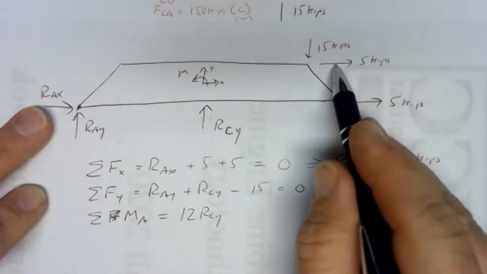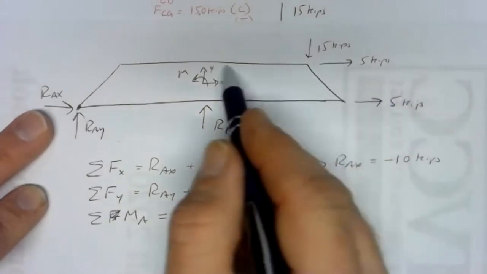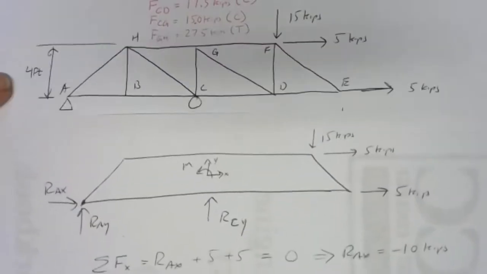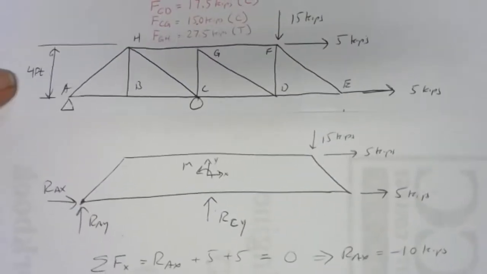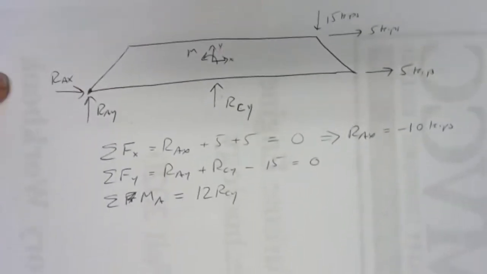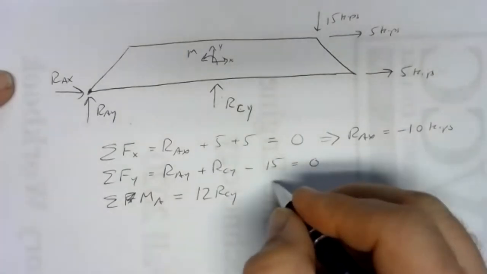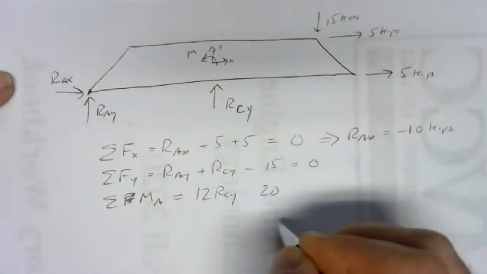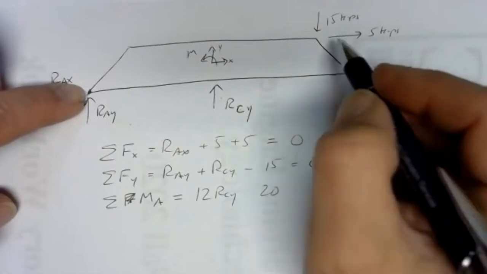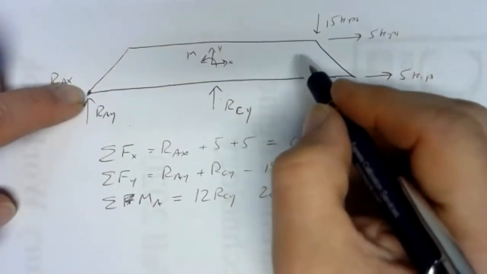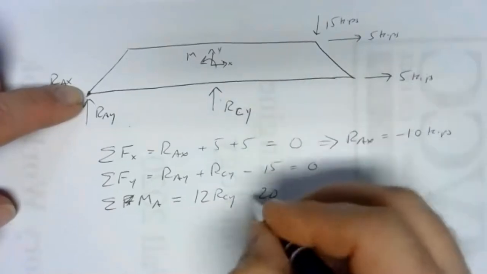The upper 5 kip force, on the other hand, has a line of action that is, according to our drawing, 4 feet away from the pivot point. So the arm for the upper 5 kip force is 4 feet. 4 times 5 is 20. If we're pinned at A and pulling to the right over here at the top, that's going to cause a fairly weak but clockwise moment.